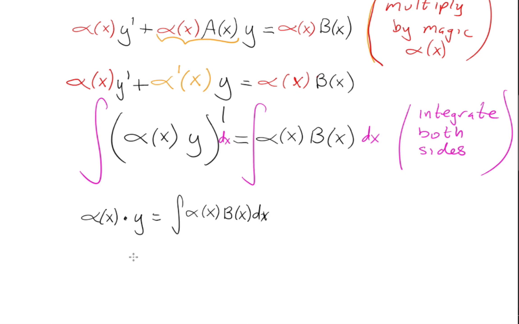Okay, so we divide by alpha of x, and so I have the integral of alpha of x b of x dx, and then over alpha of x, right? And we still don't know what alpha of x is, right? So that's fine. We'll deal with that later.